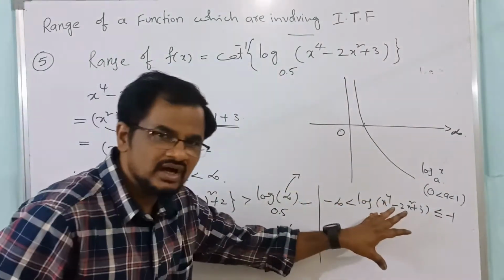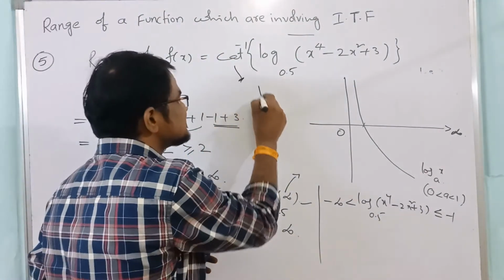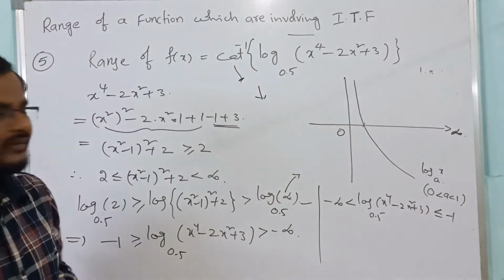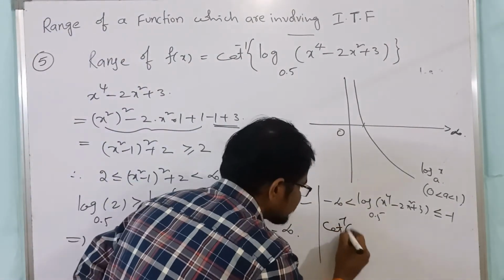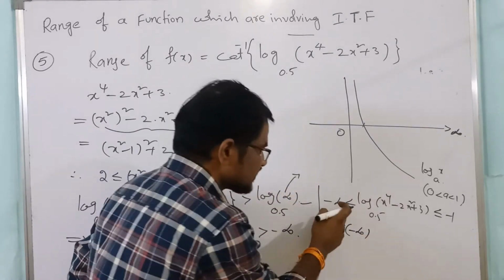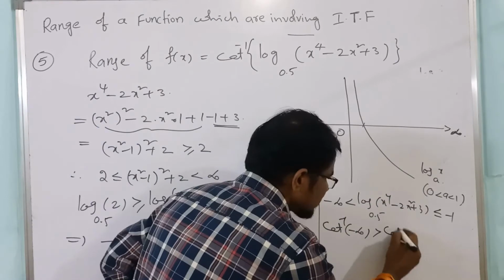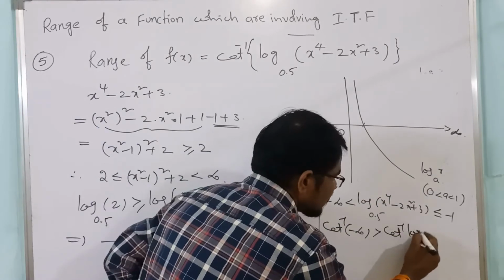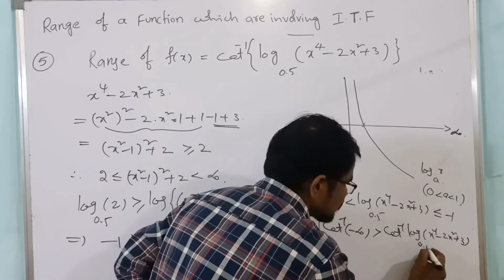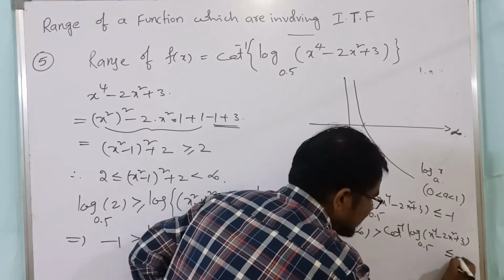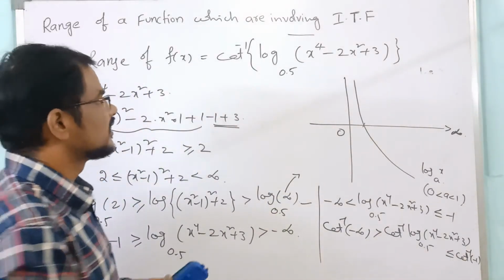So for this we have to apply cot inverse x, but cot inverse x is a decreasing function. Now for cot inverse of minus infinity, less than becomes greater than. So this is cot inverse of log of x to the power of 4 minus 2x square plus 3 to the base 0.5 less than or equal to cot inverse of minus 1.